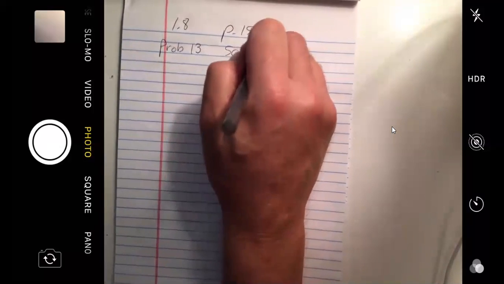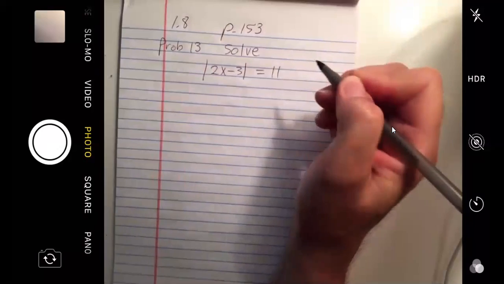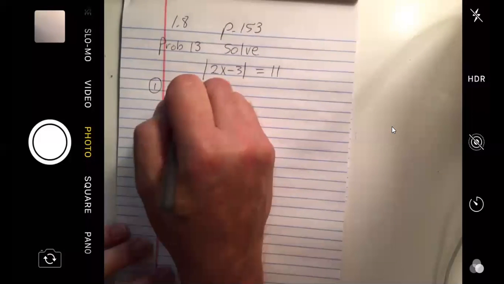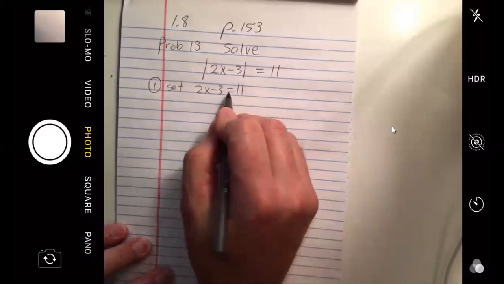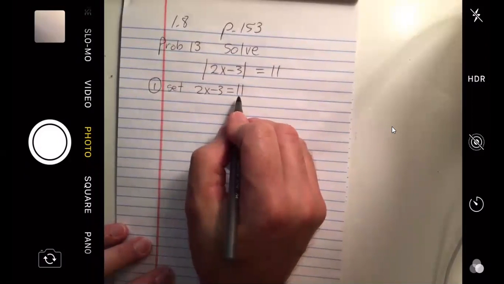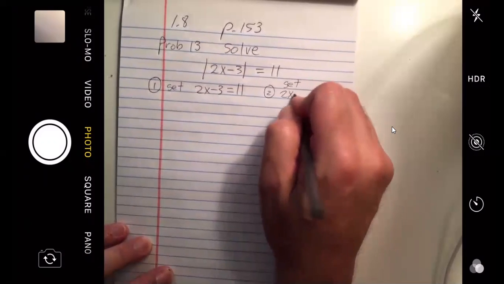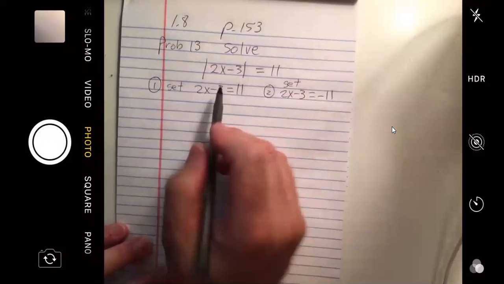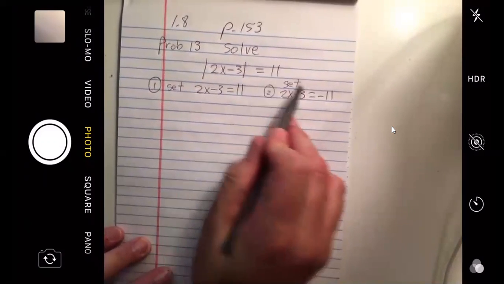Solve absolute value of 2x minus 3 equals 11. So first case, you would set 2x minus 3 equal to 11. That's the obvious case. Everybody gets that. But you also want to set 2x minus 3 equal to negative 11. You want to set what's between the bars equal to positive of this and negative of it.